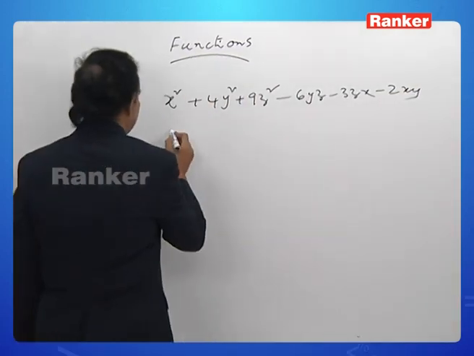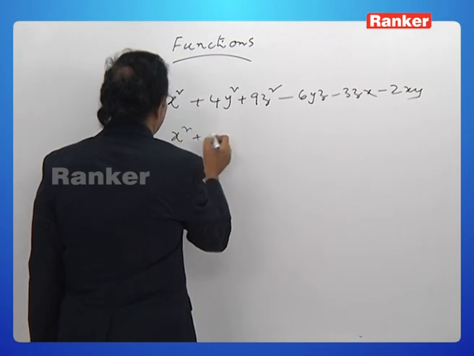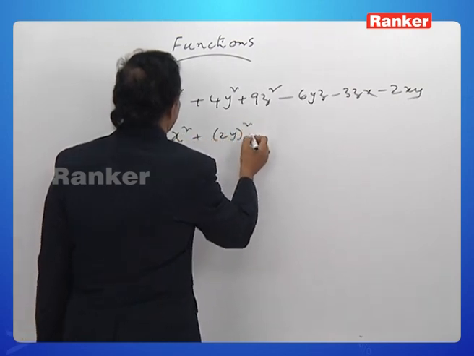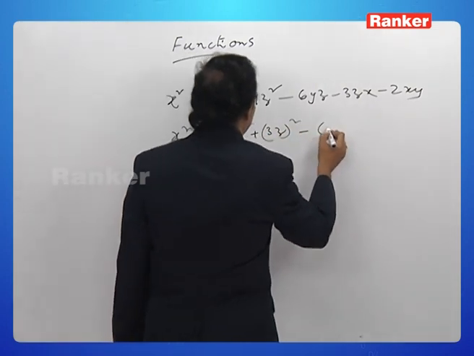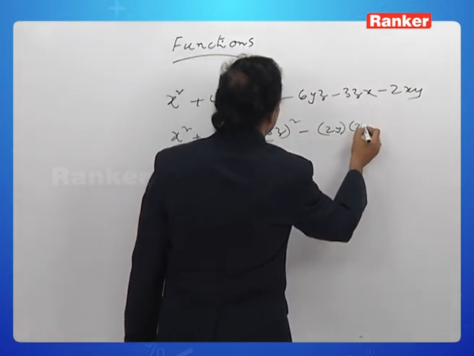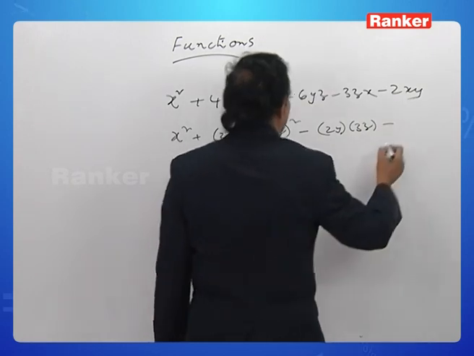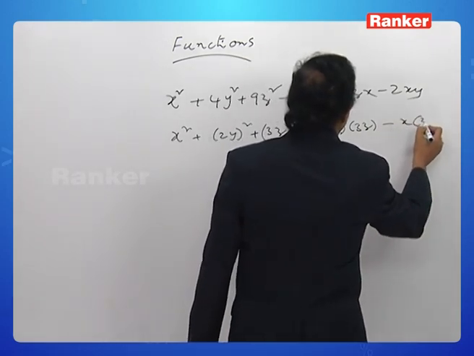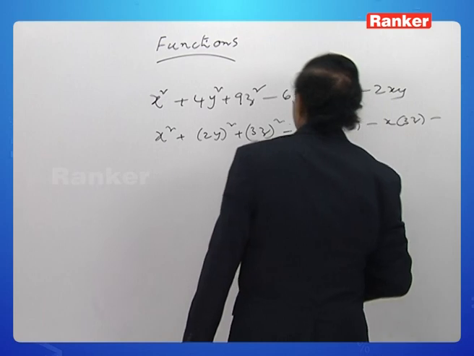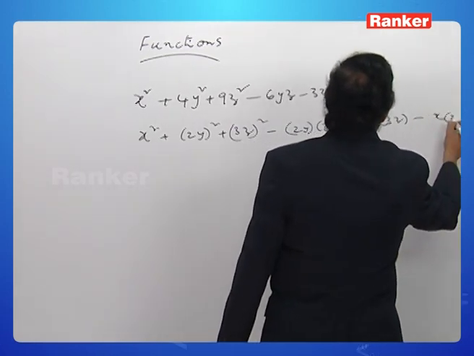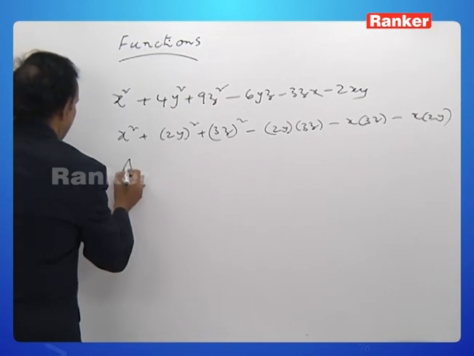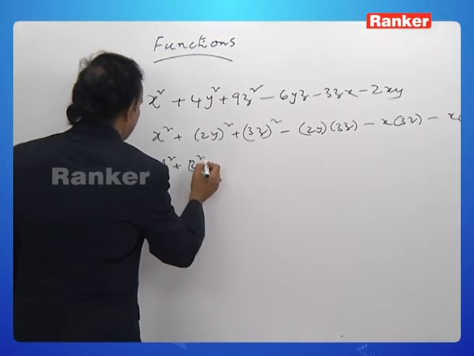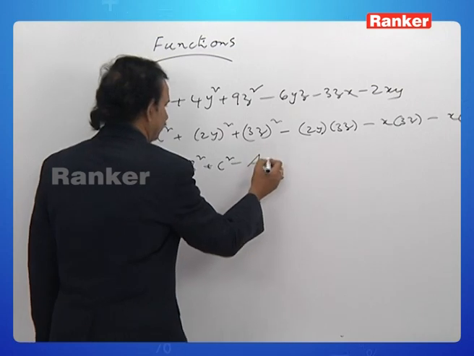This can be written in the form x square plus 2y whole square plus 3z whole square minus 2y into 3z minus x into 3z minus x into 2y, which clearly appears in the form a square plus b square plus c square minus ab minus bc minus ca.